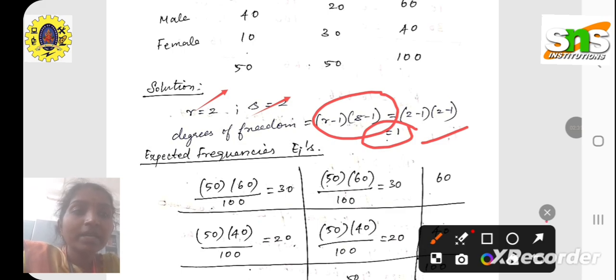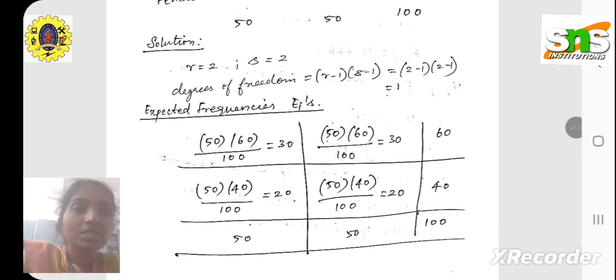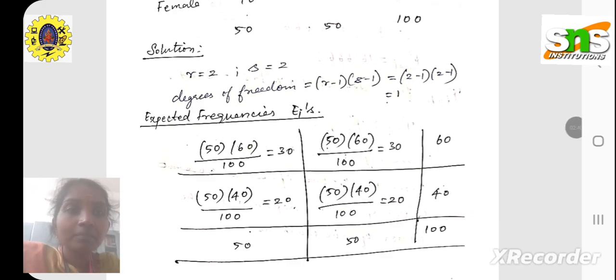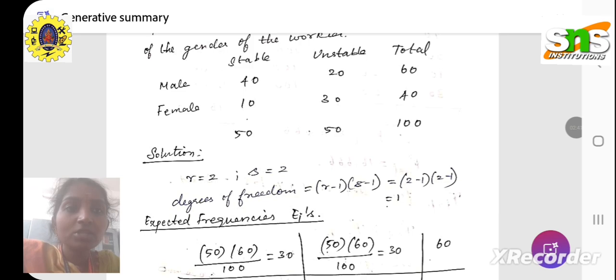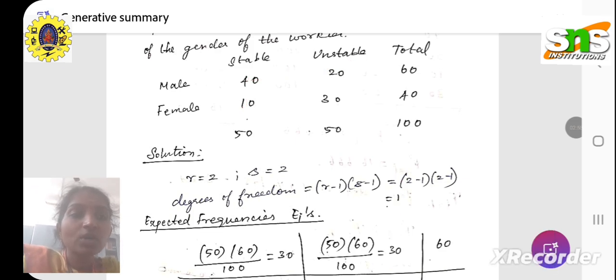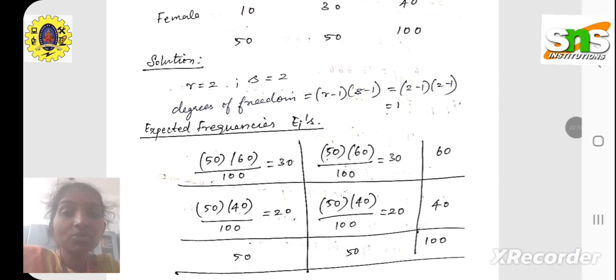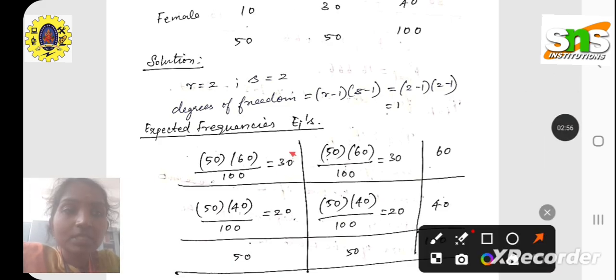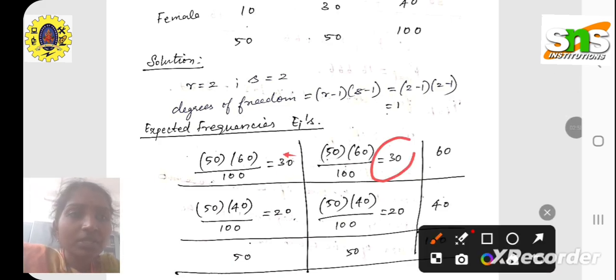How will we calculate the expected frequency? Expected frequency is row sum into column sum divided by the total number n. We take the row sum and the column sum together. 50 into 60 divided by 100 gives 30 for the first term, 30 for the second term, 20 for the first term, and 20 for the second term.